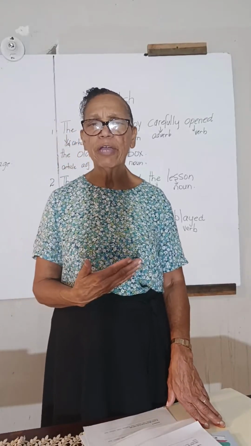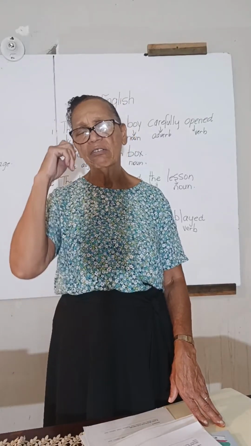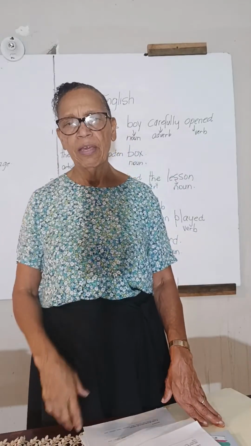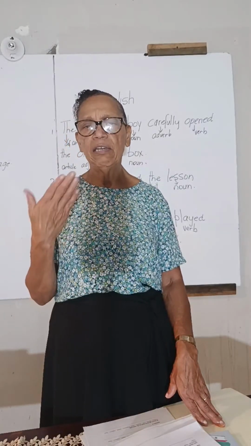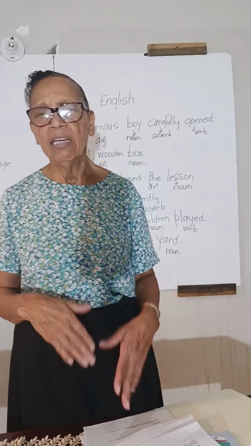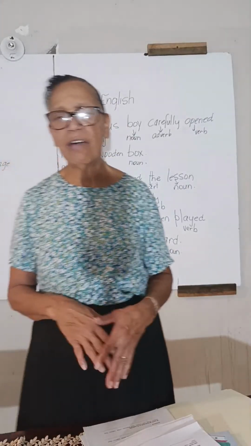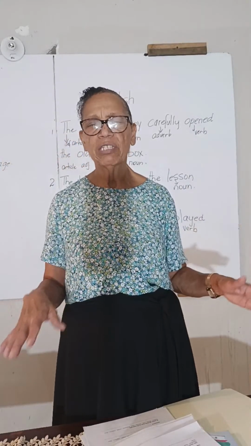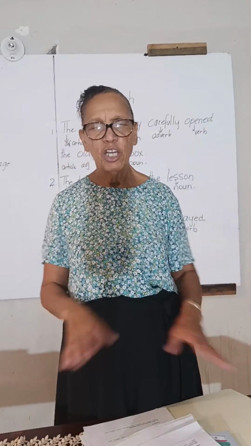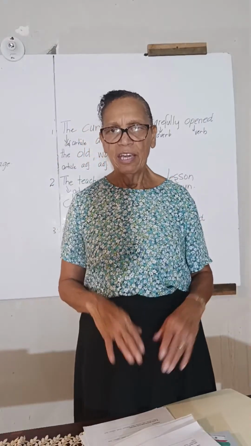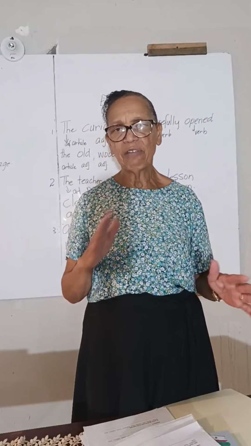Then reading comprehension, the different reading comprehension skills that will involve inferences, critical thinking, being able to analyze and all of that. That's comprehension. Creative writing, just write. Just write. You don't have to get it right at once.